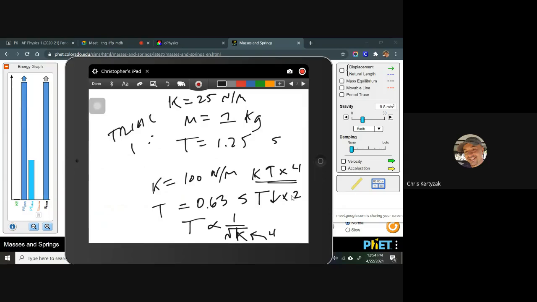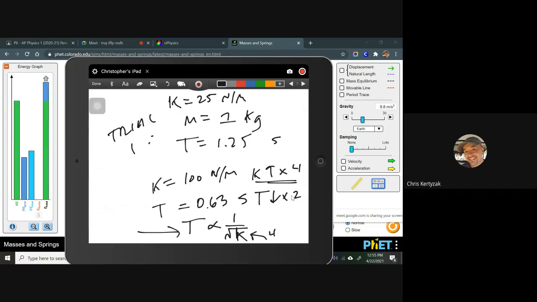Then again, since K going up causes T to go down, since they're inversely proportional based on the way we've written it here, if K goes up by a factor of 4, the period would go down by a factor of 4 if there was no square root there, but there is a square root there. So if K goes up by a factor of 4, the period goes down by a factor of the square root of 4, which is 2, right?